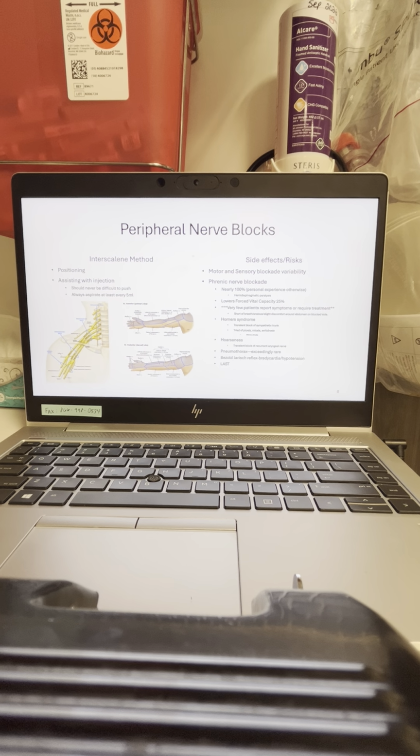The same as if the spinal got up to the intercostals. Very few patients report any sort of symptoms. Treatment's usually not required. If they do, and this is something that we talk to them about ahead of time so that they can expect it, and that usually helps diminish a lot of the anxiety, they'll feel a little bit short of breath, anxious, maybe a little bit of slight discomfort around the abdomen on the block side.